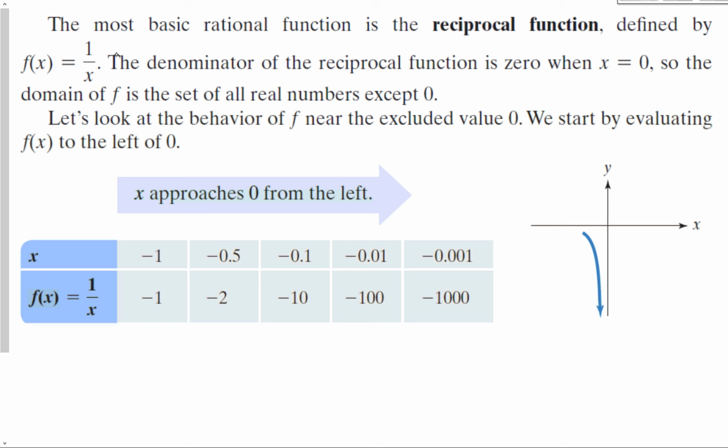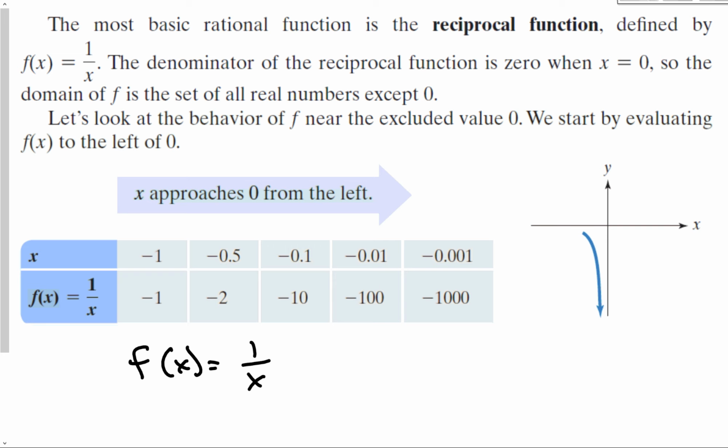So let's look at the behavior of f near the excluded value of 0. We start by evaluating f of x to the left. If I were to plug negative 1 into this function, I would get negative 1. If I were to plug in negative 1/2, I would get negative 2. If I plugged in negative 0.1, I would get negative 10, and so on.